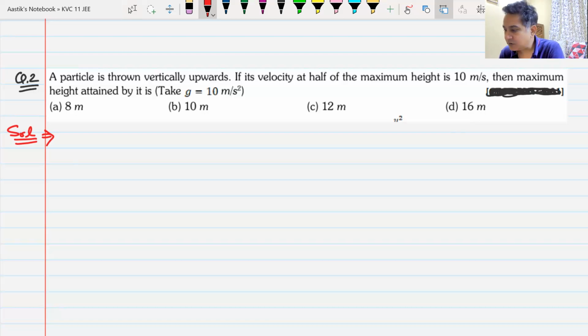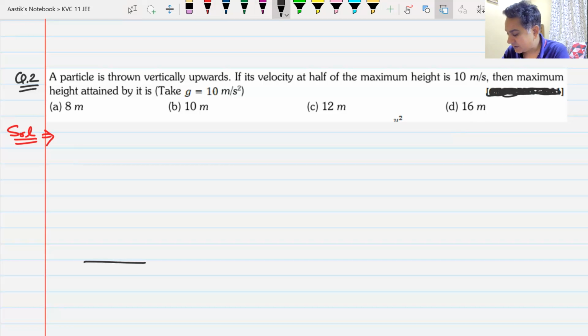How do you find out the maximum height? The velocity at half of the maximum height is given. Okay.